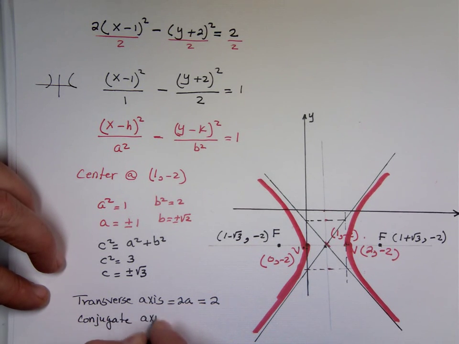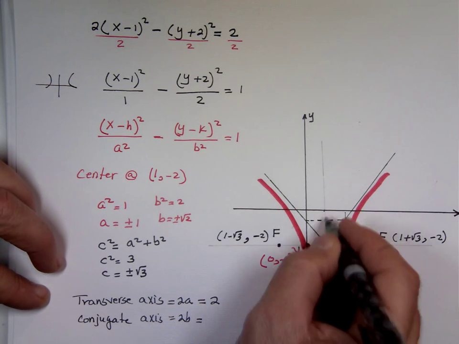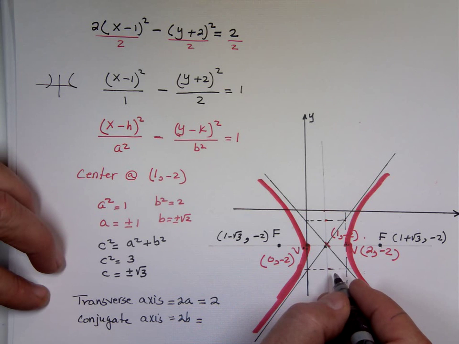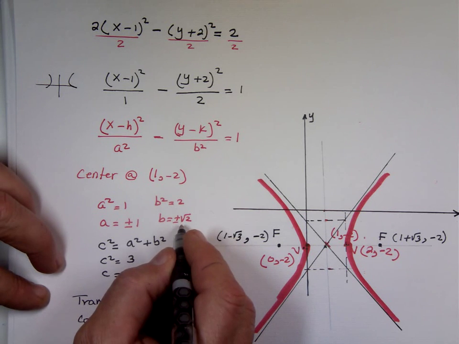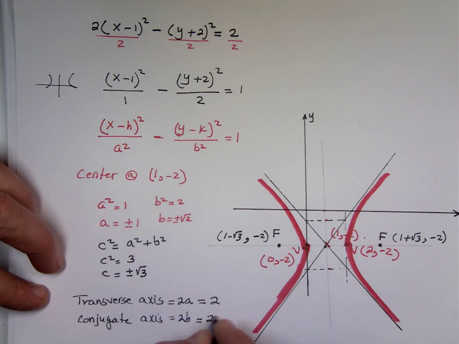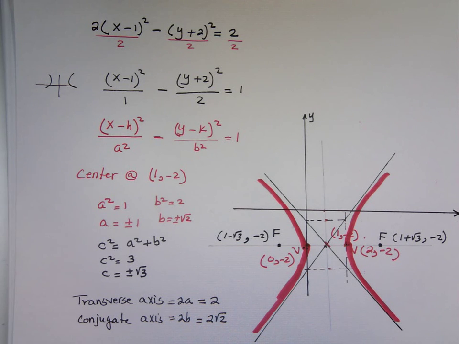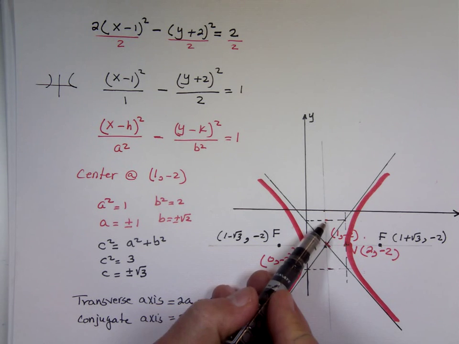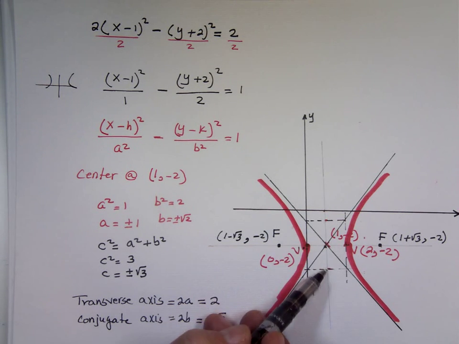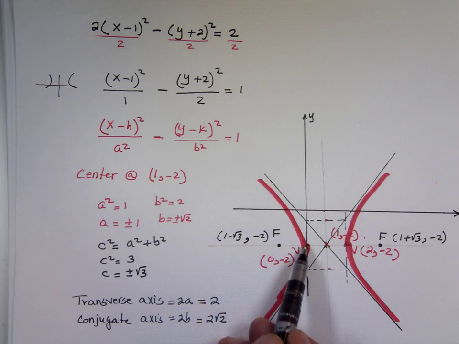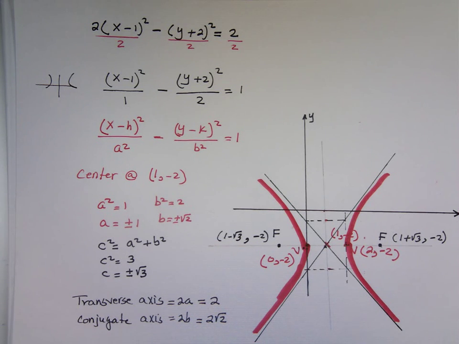That's twice B. That's up and down. B is what? It's the square root of 2. Twice that, 2 times the square root of 2. So the conjugate axis is the distance from this dotted line to that dotted line. The transverse is from this one to that one. That's your transverse axis. So we got everything about them. That's all we're doing really.